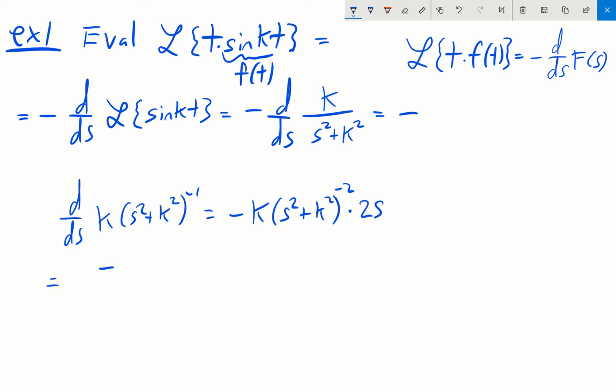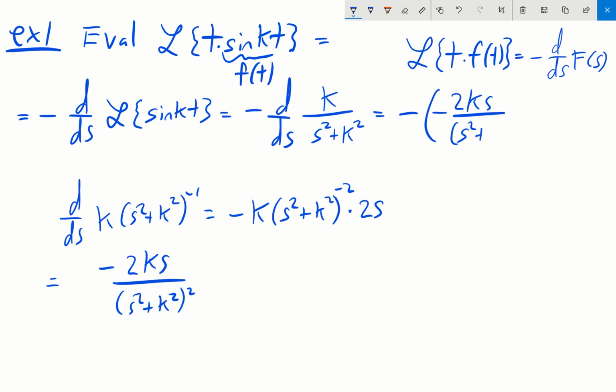So this is going to be a negative 2ks divided by s squared plus k squared, squared. So don't forget, this negative sign was already outside, and now this derivative is coming in with its own negative sign. Negative 2ks divided by s squared plus k squared, squared.